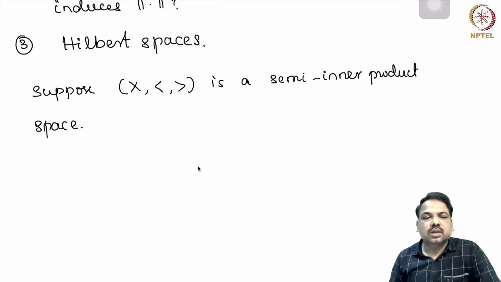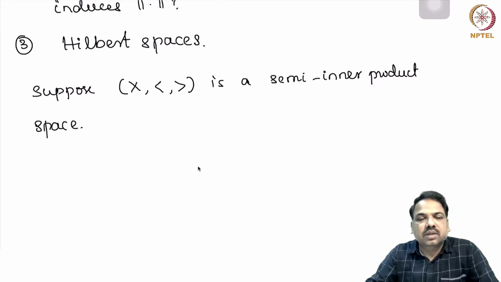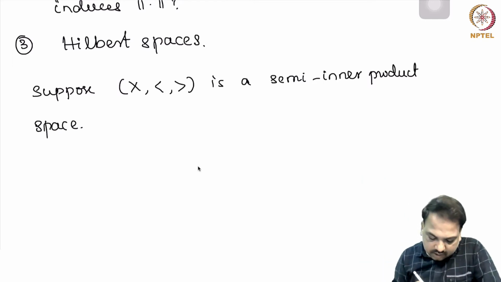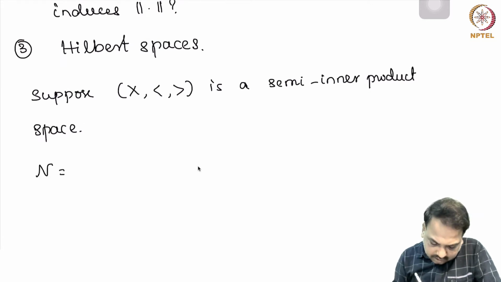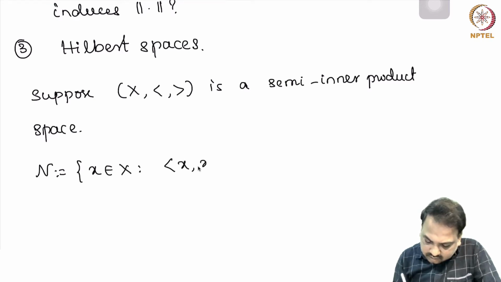That means there may exist vectors such that the semi-inner product of that vector with itself is 0, but the vector is non-zero. So let us collect all such vectors. Let N be the set of all x in X such that the semi-inner product of x with itself is 0.